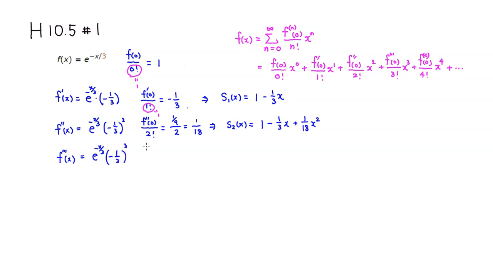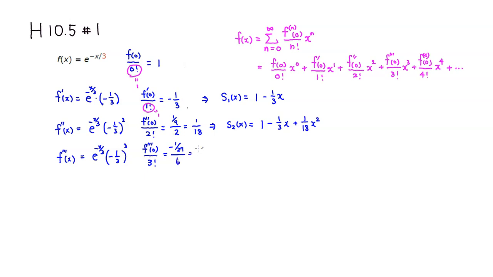So we find f triple prime of 0 over 3 factorial. Plug in 0, e to the 0 is 1. Negative 1 over 3 cubed would be negative 1 over 27. Then 3 factorial is 3 times 2 times 1, so this is going to be 6.